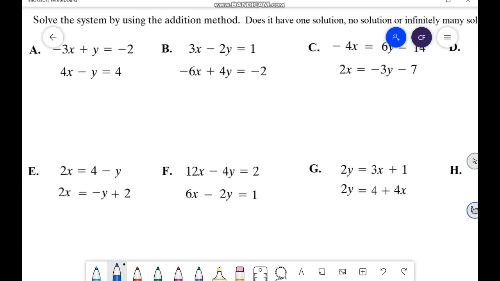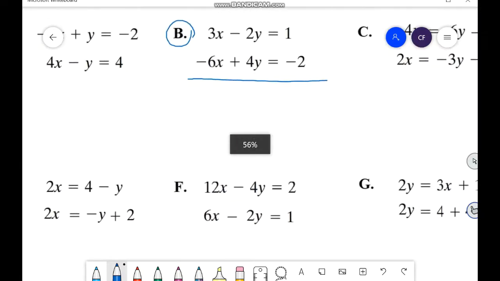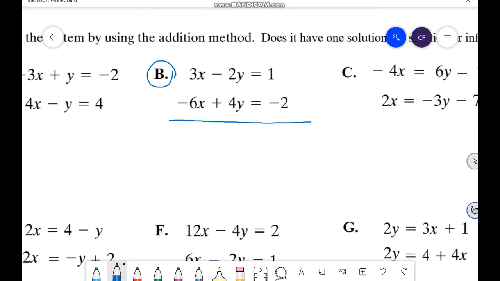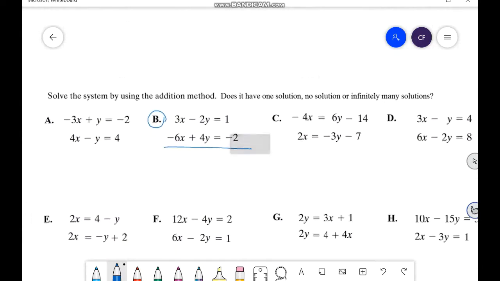Let me show here letter B. The key, the secret, is to find the right number to multiply to be able to eliminate one of the variables. So the question here: solve the system by using the addition method. Does it have one solution, no solution, or infinitely many solutions?